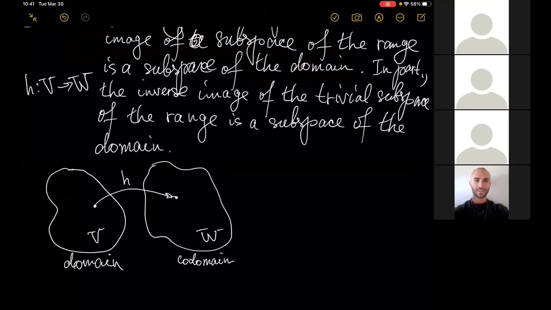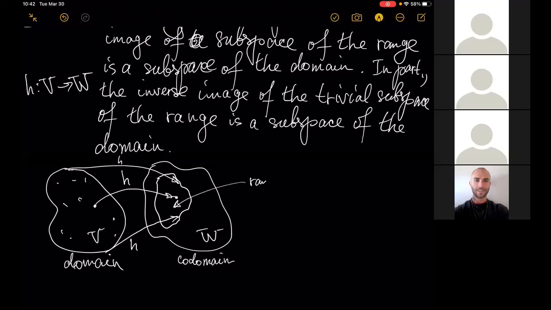So what is a range? You apply this homomorphism to all possible vectors in V, and as a result you get some subspace of W. This is the range of H: all possible results of application of our homomorphism H to all vectors in V.